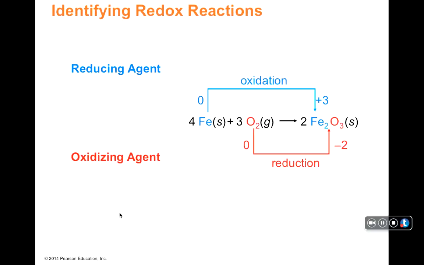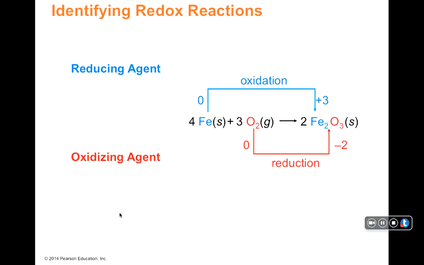So has iron gained or lost electrons? Electrons are negatively charged. It has lost electrons. How many? 3. So iron on the left-hand side loses 3 electrons to form that iron oxide. Let's look at the oxygen. Oxygen goes from an oxidation state of 0 to -2.